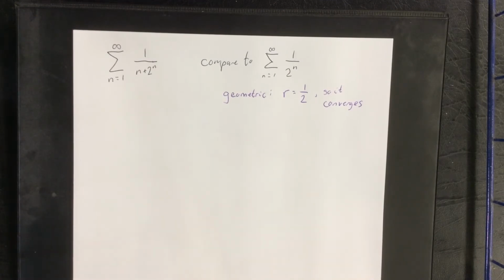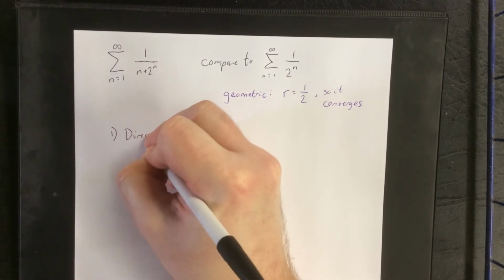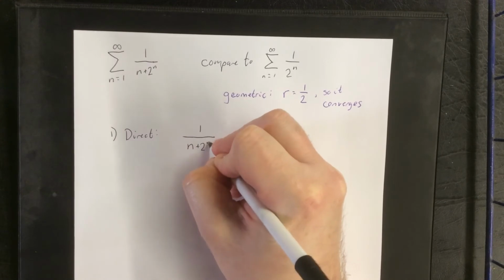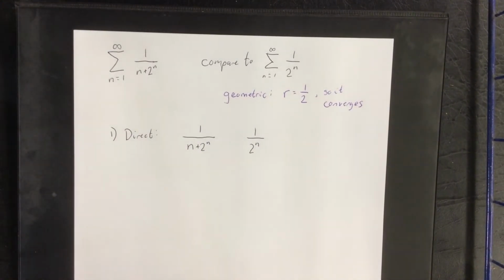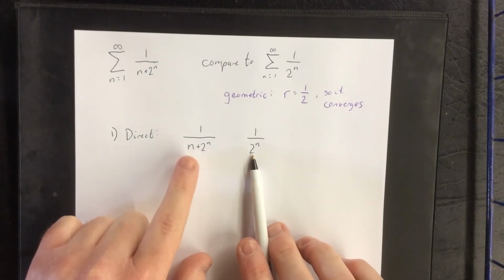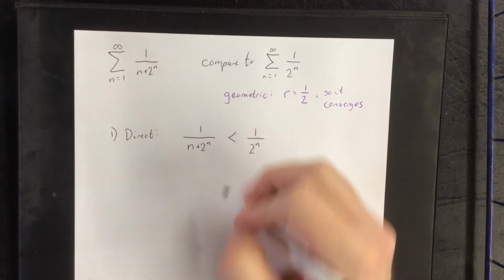If we wanted to try using the direct comparison test, we would be comparing 1 over n plus 2 raised to the n power with 1 over 2 to the n power. You'll notice that this term in the denominators is the same, but this has something additional added to it. So this one is going to have the bigger denominator. Bigger denominator means smaller fraction.